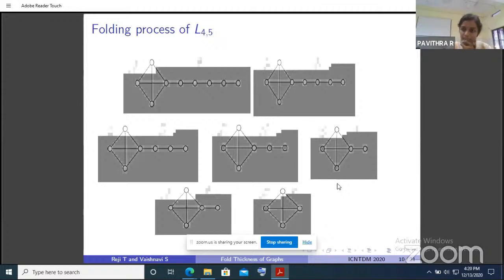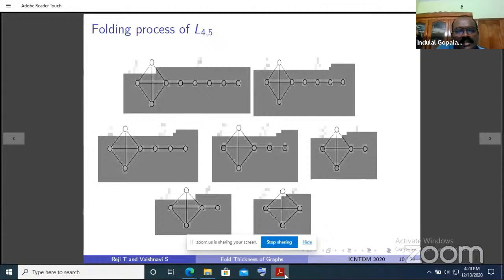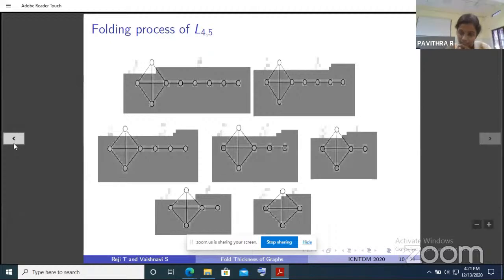Sir, there will be other vertices having a common neighbor with that pendant vertex, so we can identify with that vertex. Are you sure, always? So that is a conditional statement. The definition is, if there exist two non-adjacent vertices having at least one common neighbor, we can fold.